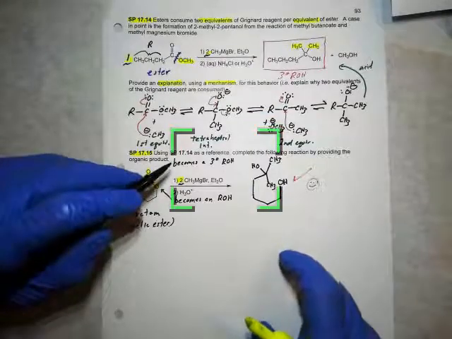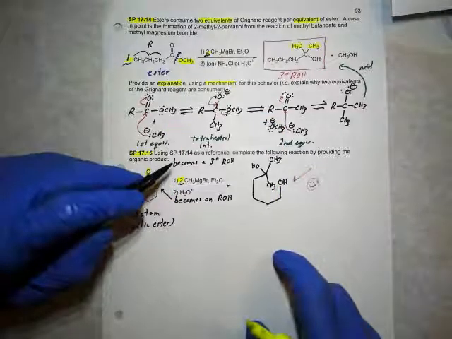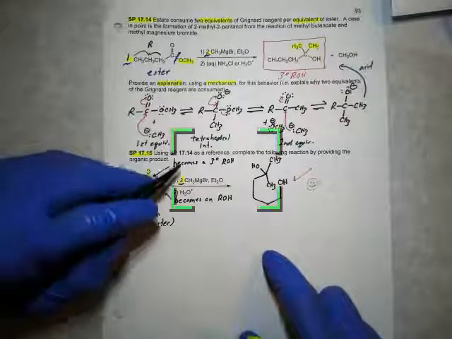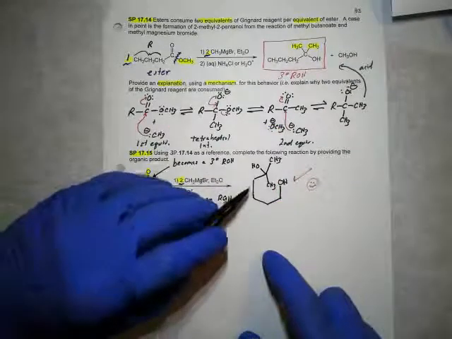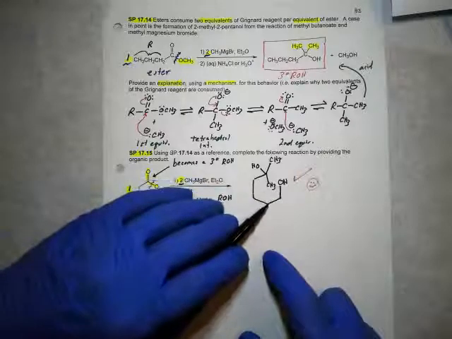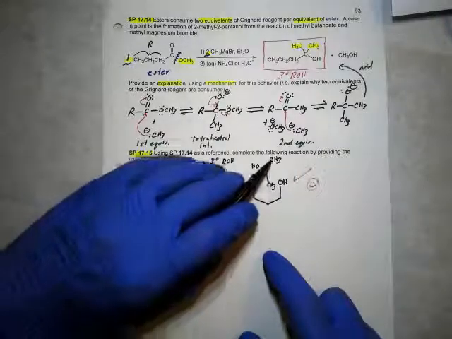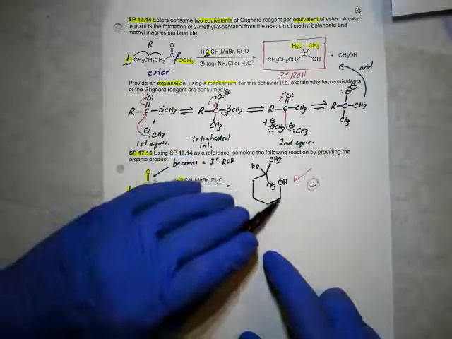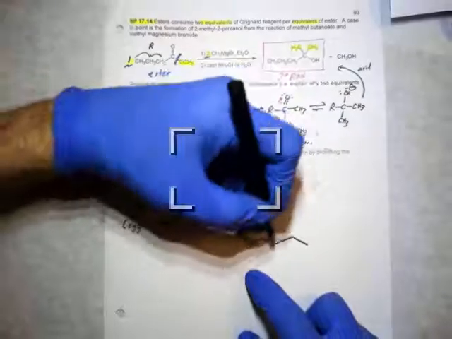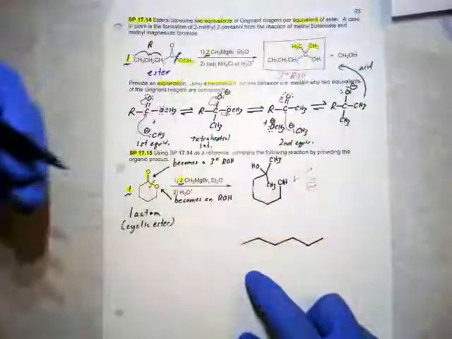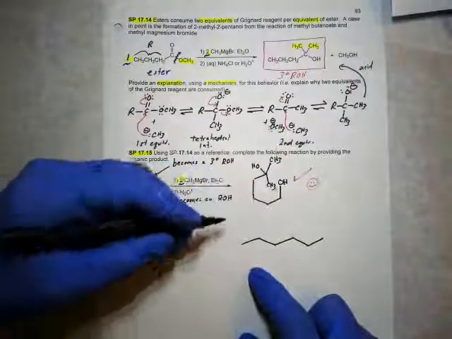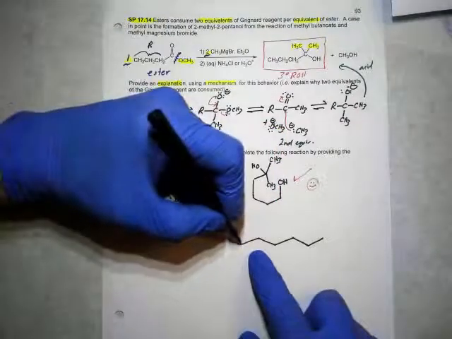But if you prefer, you can draw it out in a zigzag fashion that looks a little more aesthetically pleasing. Let me go ahead and do that with you. What do we have here? We have a 1, 2, 3, 4, 5, 6 carbon chain, right? Count them again. 1, 2, 3, 4, 5, 6 carbon chain. And on this end we have an OH.